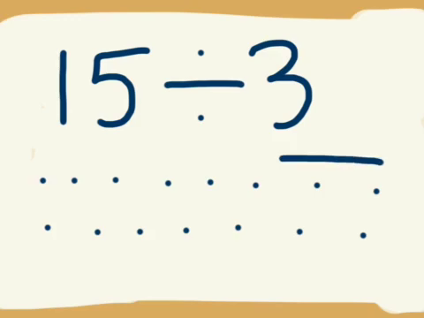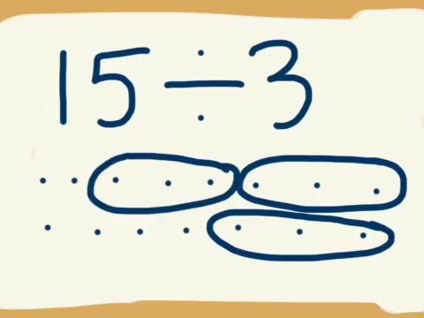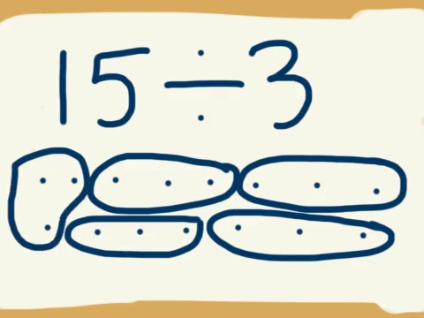So I would have 1, 2, 3, 4, 5 groups of 3. If I count those up, that means my answer, or my quotient, is 5. So 15 divided into groups of 3, and there are 5 groups.